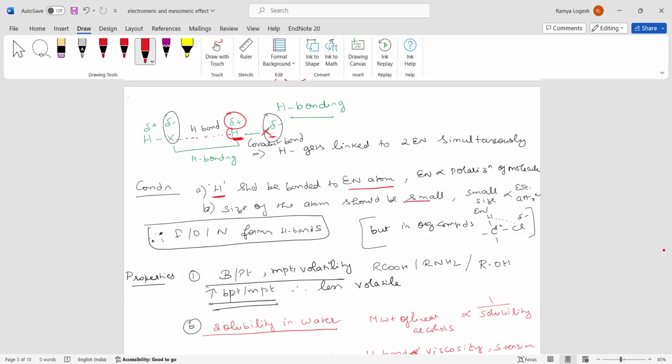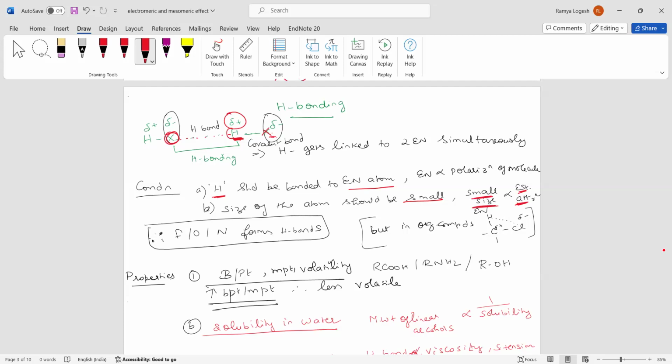The size of the atom should be very small. Which atom? This atom, to which it is going to get attracted. Its size should also be small. It should not be a bigger one, like iodine or bromine. Then only will the electrostatic attractive force be large enough. Smaller size, more electrostatic attraction.